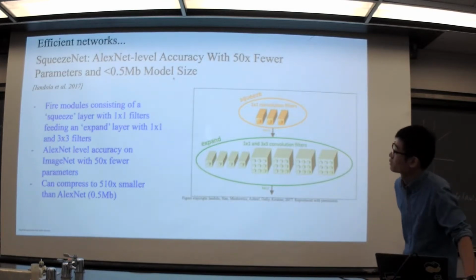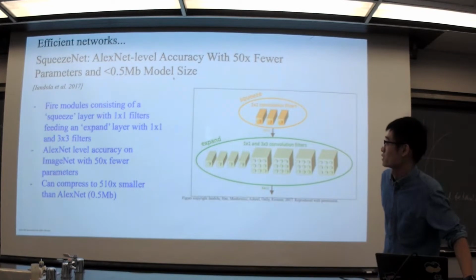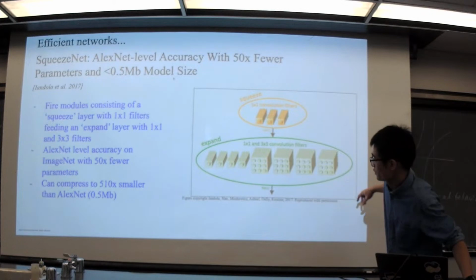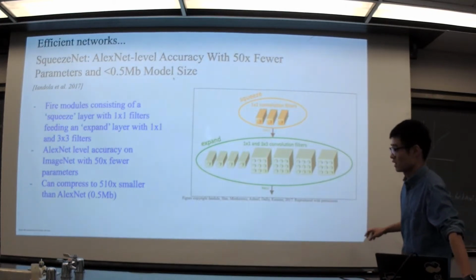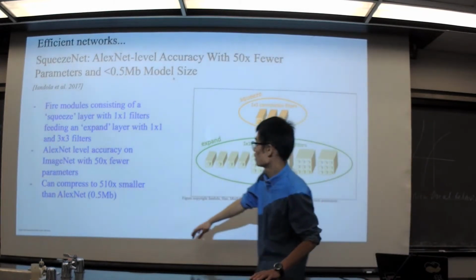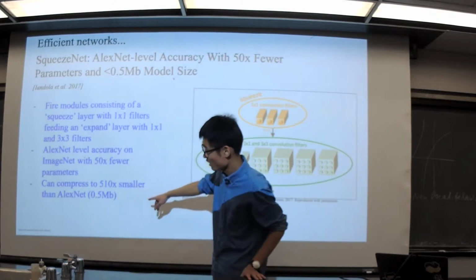The SqueezeNet: Fire modules consisting of a squeeze layer. This model, I guess, is specially designed for mobile devices, like MobileNet, because it's almost 500 times smaller than AlexNet.